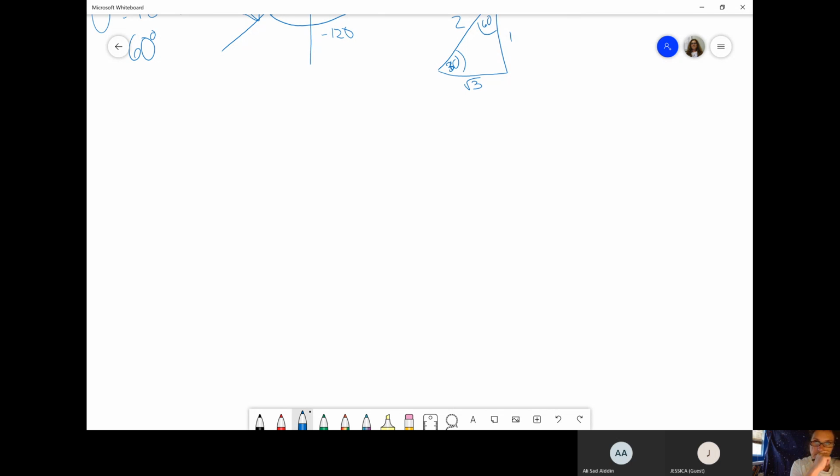Let's keep it with 5 pi over 3. Let's say our angle is 5 pi over 3. Which quadrant is that one in? Three? No, 4. This would be in quadrant 4.